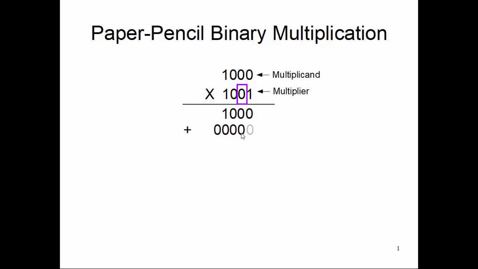We make room for another 0, as we used to do for decimal multiplication on paper pencil. We shift one position for the second row.